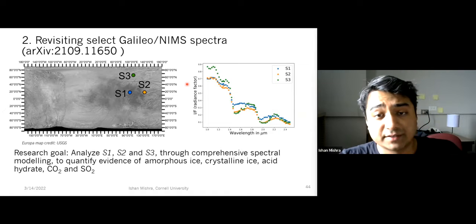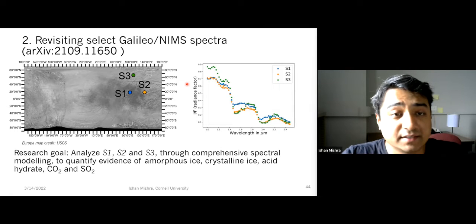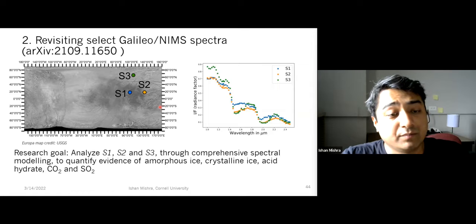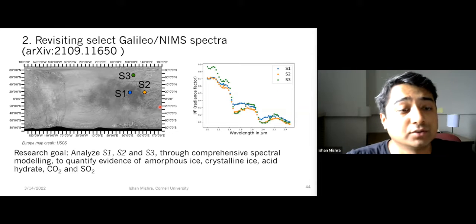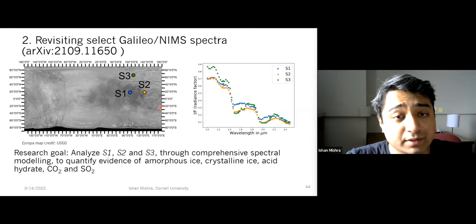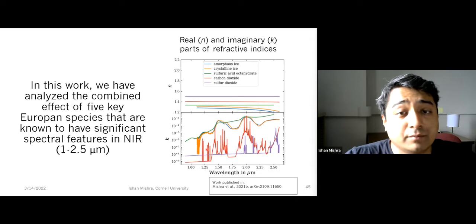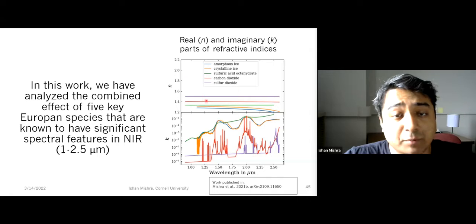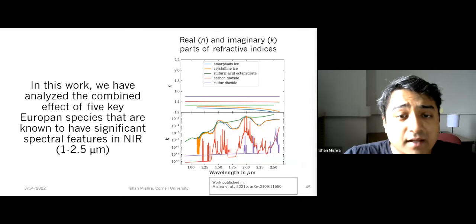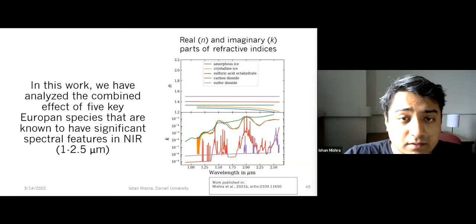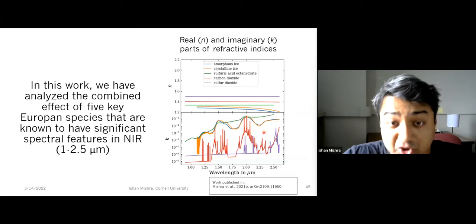And carbon dioxide and sulfur dioxide are trace oxides that have been seen in these parts of Europa, but we have not found very strong evidence for. So that's why we wanted to include them in our analysis. And specifically for the trace oxides, this figure is basically showing the optical constants, so the real and imaginary part of the refractive indices. And you see that carbon dioxide and sulfur dioxide have sharp features.